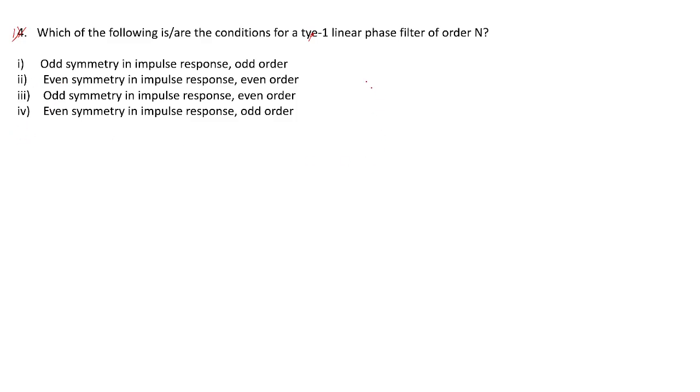So let me write down. This order n is finite, therefore the filter in question is a linear phase FIR filter. FIR refers to finite impulse response. This is because n is finite.